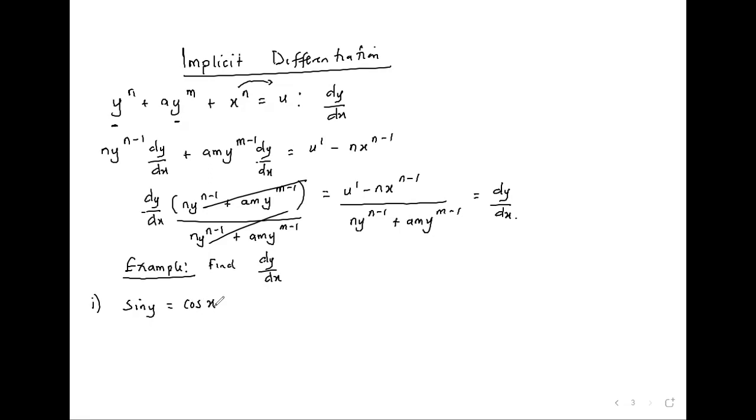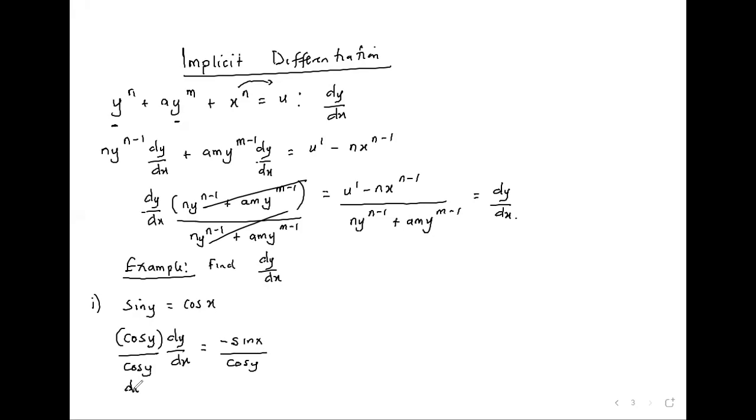So I'll differentiate the whole sine here and say this is cos y. But because there's y inside, I multiply it by dy dx. And then differentiate cos x, I get negative sine x. Then divide by cos y on both sides.